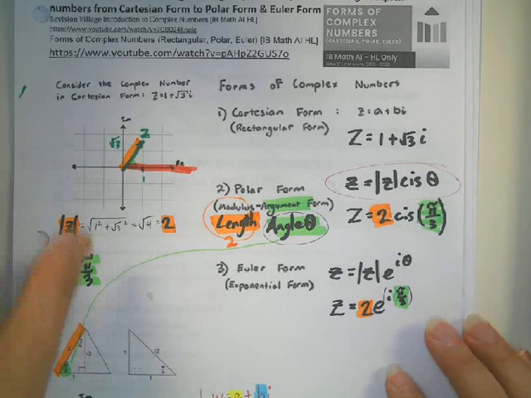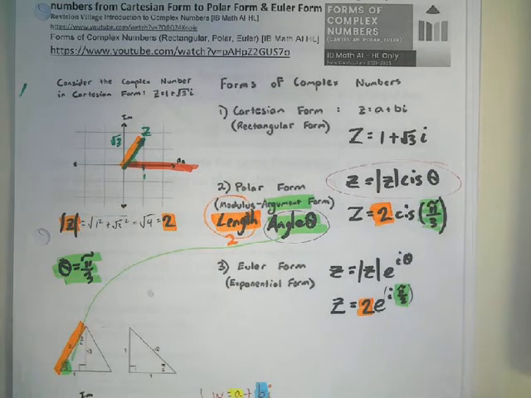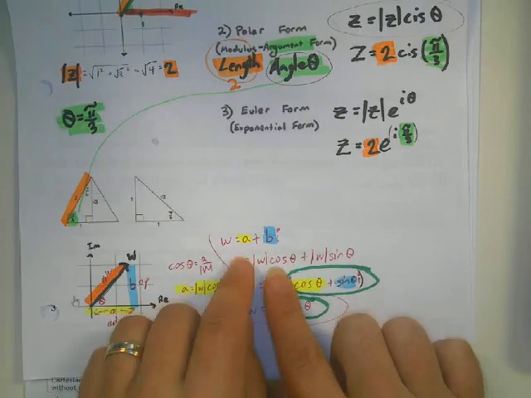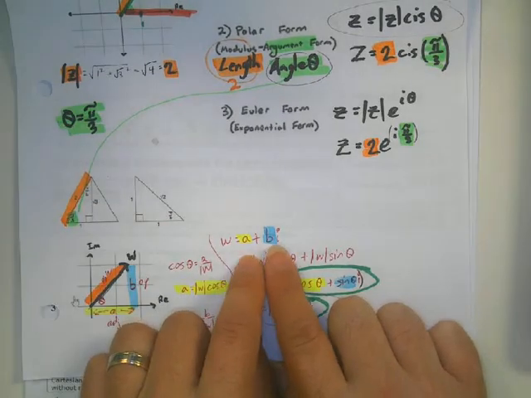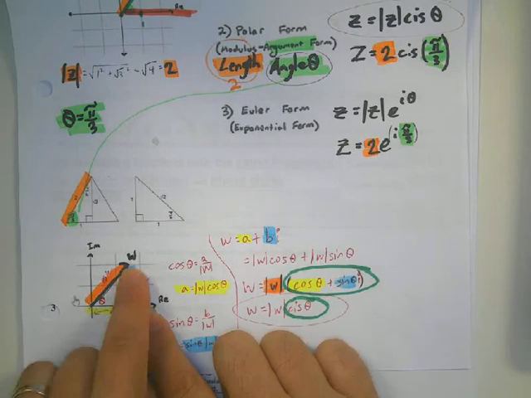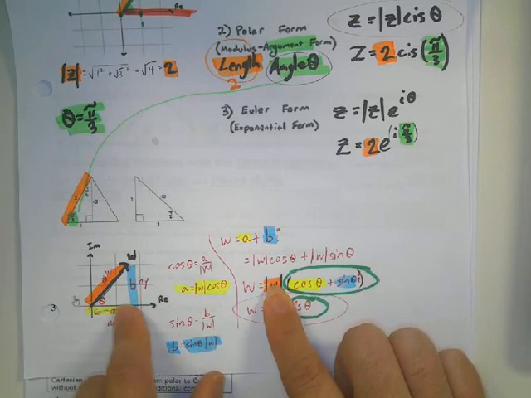H8E.1, we talked about how to convert from Cartesian to polar to Euler form. One of the things that's important to remember is that when we have something in Cartesian form, we can figure out the magnitude, and we can also figure out our direction in the imaginary direction.